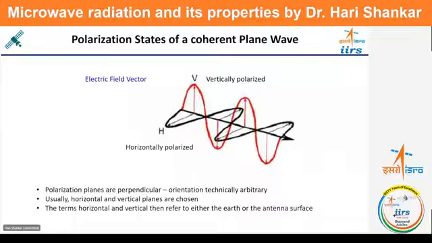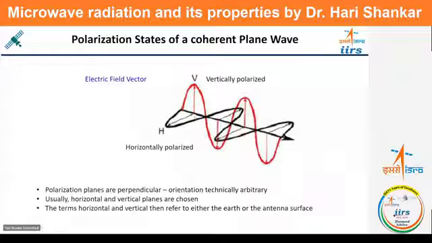If the vibration is in the horizontal direction, it is horizontally polarized. If the vibrations are along the vertical direction, it is called vertically polarized. If you allow both horizontal and vertical, the resultant will be somewhere else, and it will change according to the strength of the signal. Suppose here it is maximum and here it is maximum, so the resultant will be maximum. Here the strength is less and here the strength is less, so the resultant will be less.